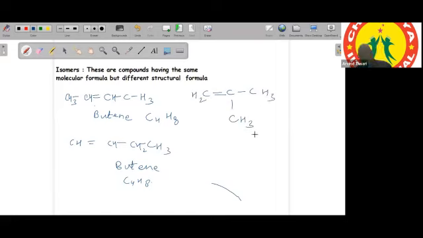This is also C4H8. These are the only possible isomers of C4H8. They differ in their structural formula, but they have the same molecular formula.